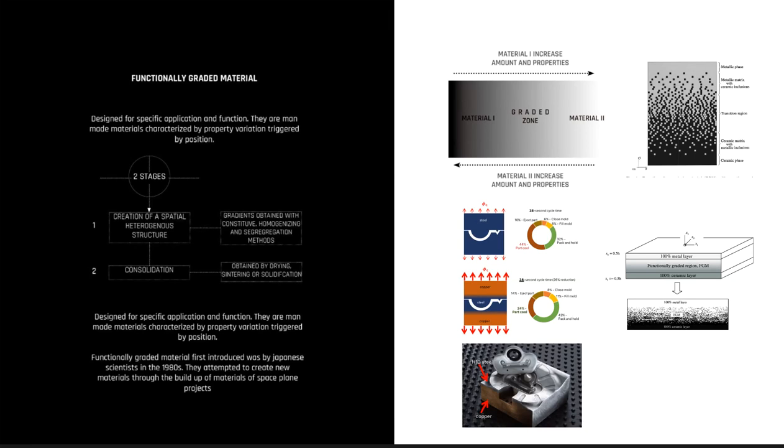There are two stages. The first is creation of a spatial heterogeneous structure, and the second is the consolidation. In the first stage, the gradients are obtained with constitutive, homogenizing and segregation methods, and the second stage is obtained by drying, sintering, or solidification.